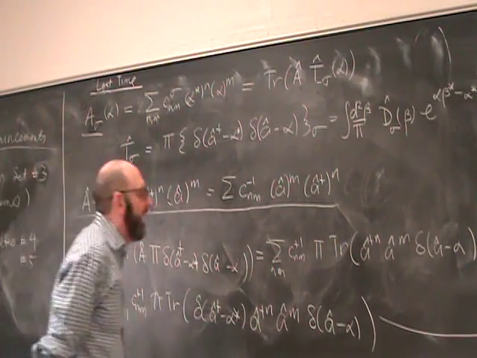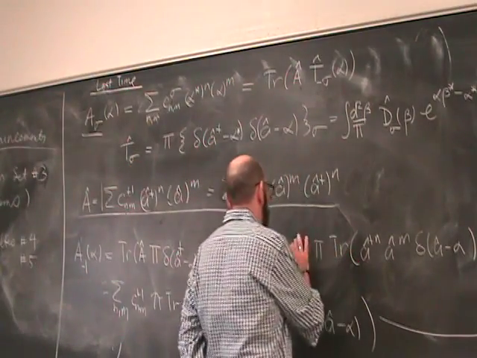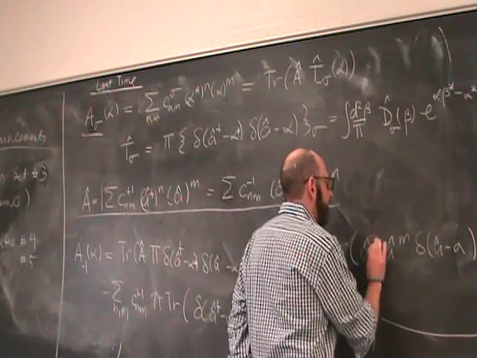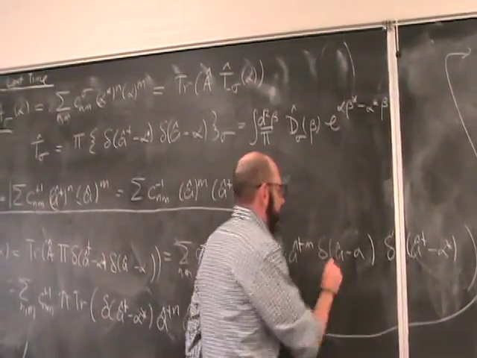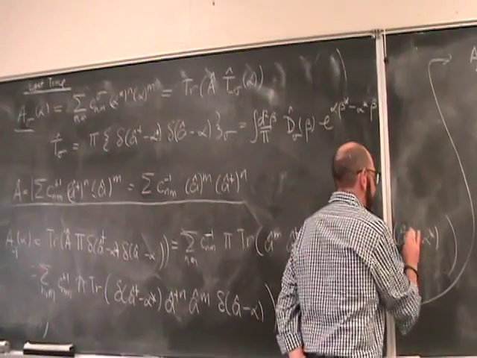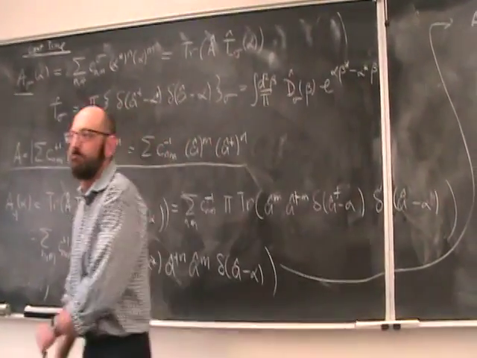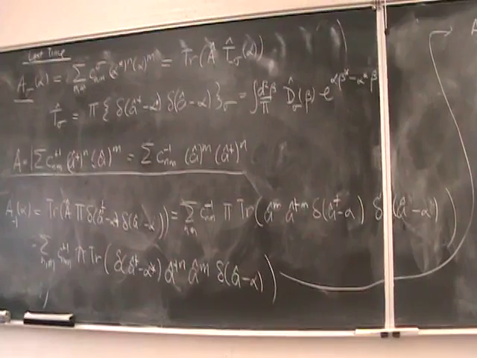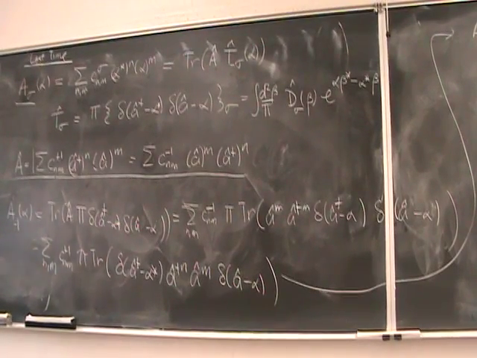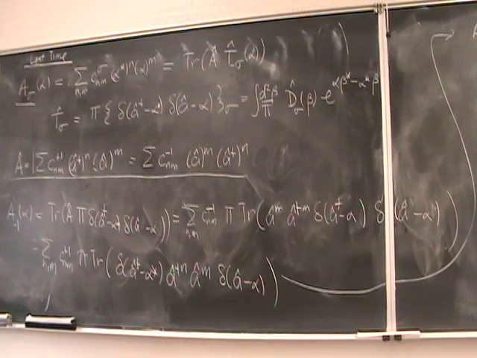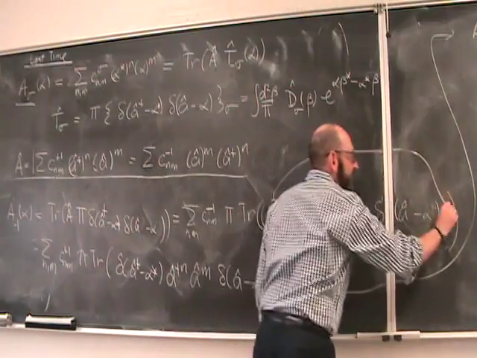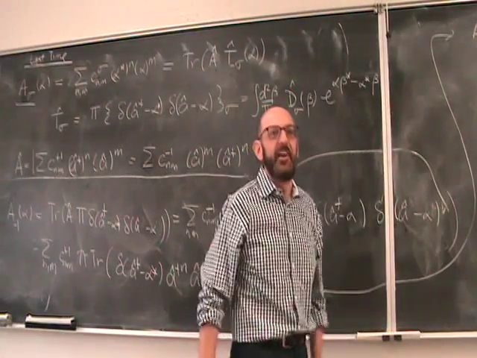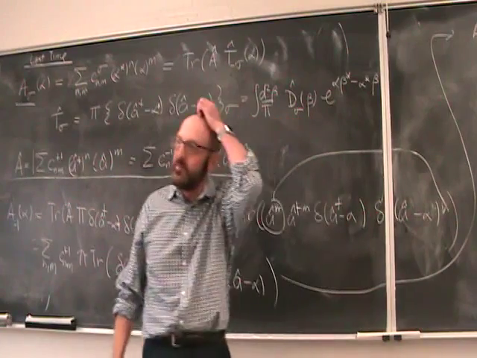Now I just look at that: how am I going to take that trace? Any suggestions? Well, now I can just do the cyclic permutation, put this guy over there, and the same thing follows. And I'll pick off that coefficient.